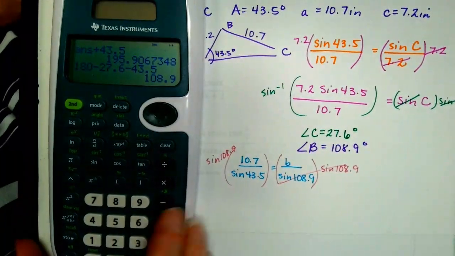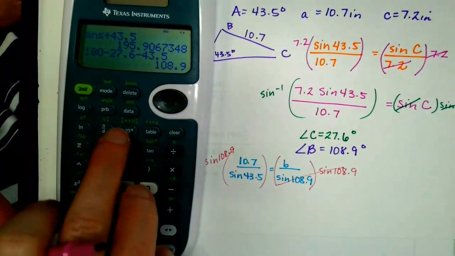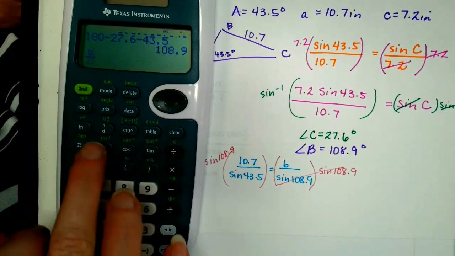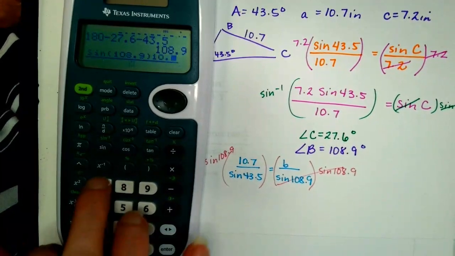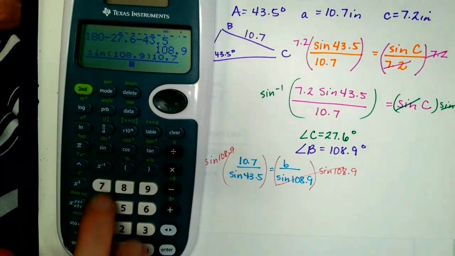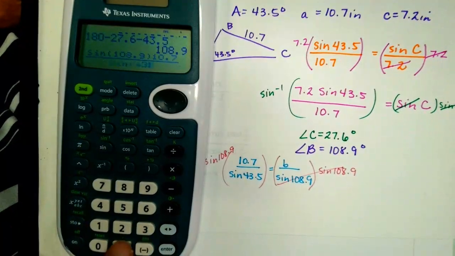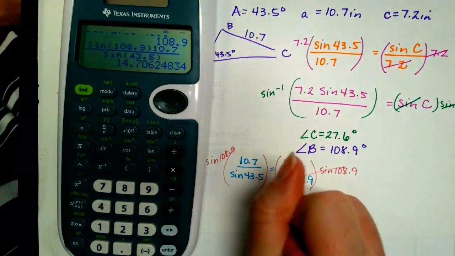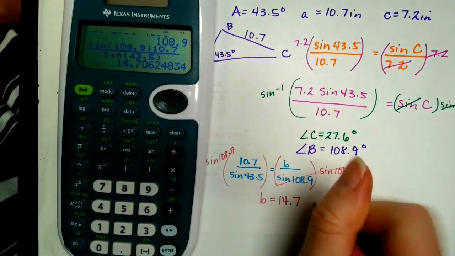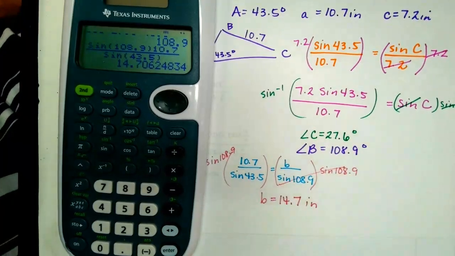Then I just plug that in the calculator. And I get little b is 14.7 inches.